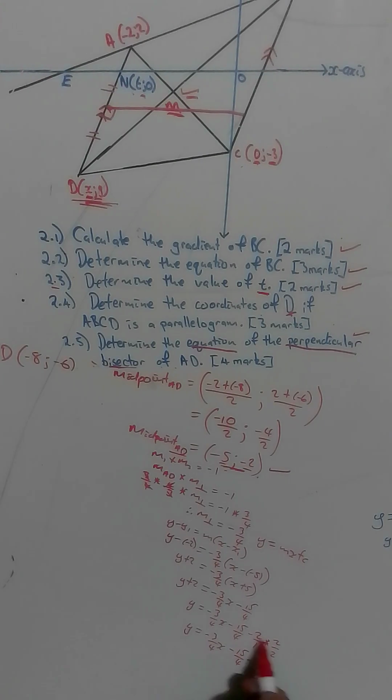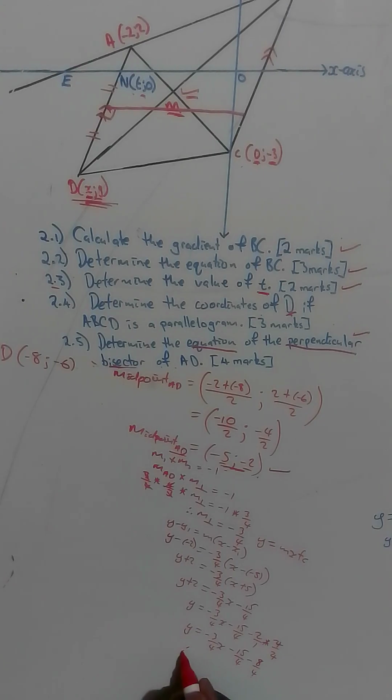Negative times positive, that's a -2 times 2, that's 4 over, wait a minute, I multiplied by the wrong number. Sorry for that. I want a 4. So I must multiply by 4/4, not 2, because I will get a 2 here. So 4 by 2, that's a -8 there, and 4 by 1, that's 4. Now, when I say -15 and -8, it gives me -23.